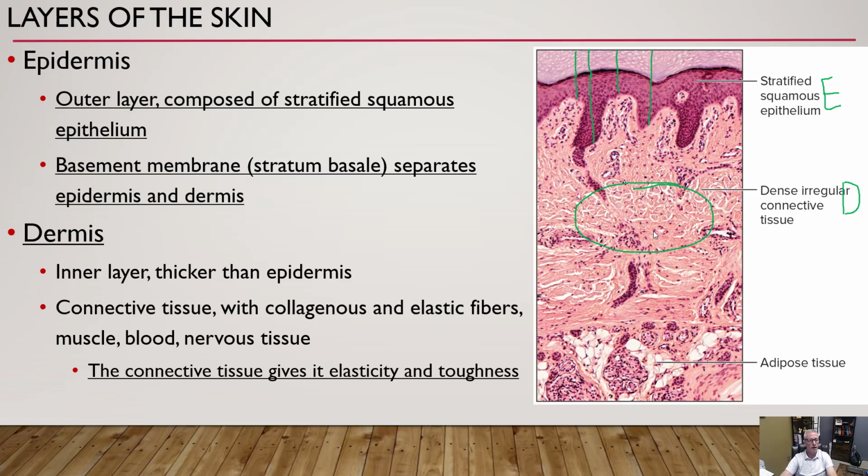We'll see here in a couple slides that there's some muscle down there, some blood vessels, some nervous tissue. And that connective tissue in that dermal layer gives it elasticity and toughness. Remember, elasticity is its stretchability due to those elastic fibers. That toughness is going to be due to those collagenous fibers, or those collagen fibers.